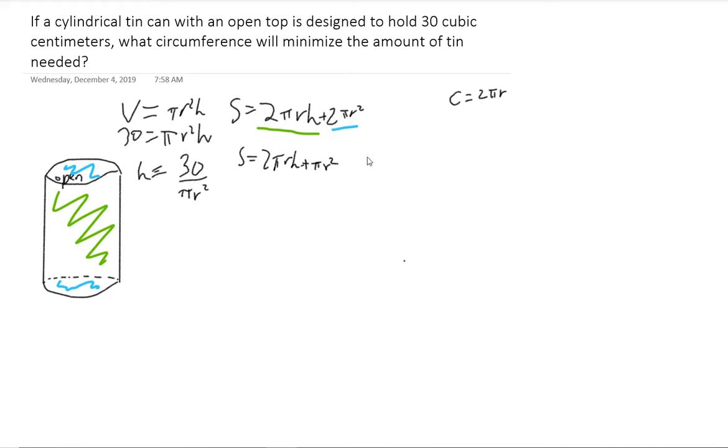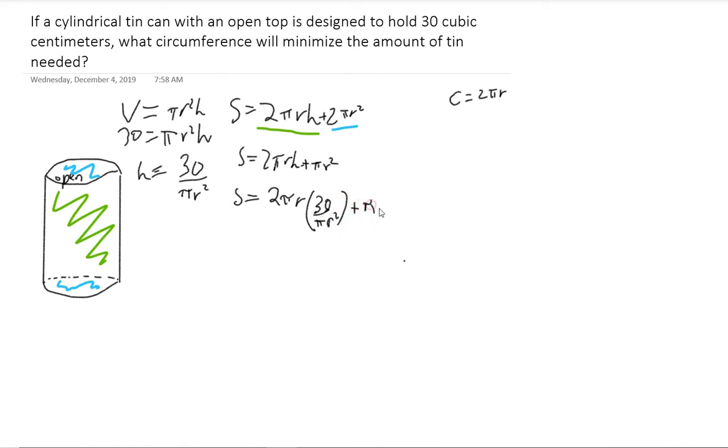Alright, so now let's just get on to solving for our radius. First thing we can do is plug in our height values here. S is equal to 2 pi r times our height. Our height is 30 over pi r squared, plus pi r squared.